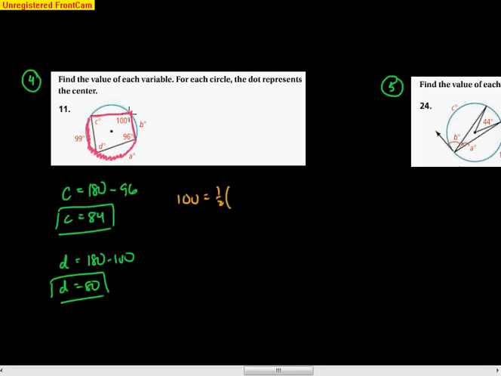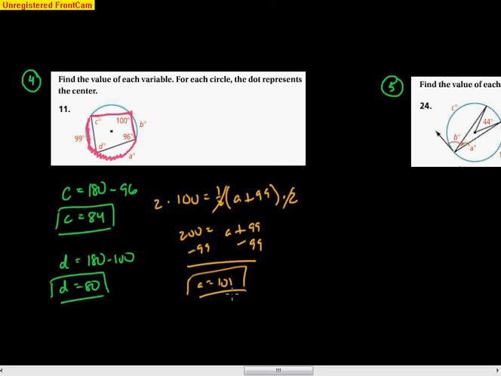Now, because the arc that 100 intercepts is made up of two smaller arcs, I need to add those 2 smaller arcs together. A plus 99, times 2, 200 equals A plus 99, the 1/2 and the 2 cancel. Subtract 99. A equals 101. So there's A. I'm going to put that on the picture.